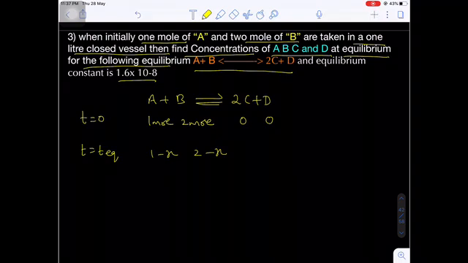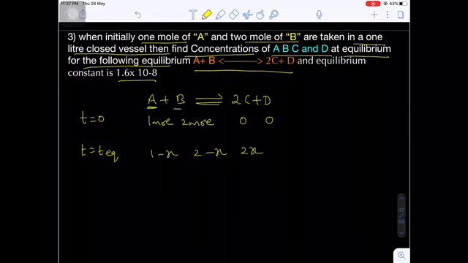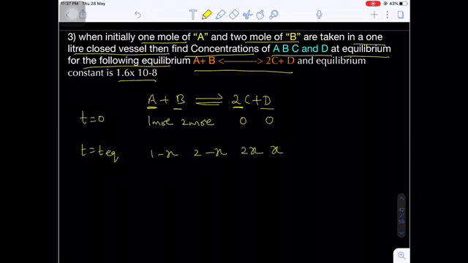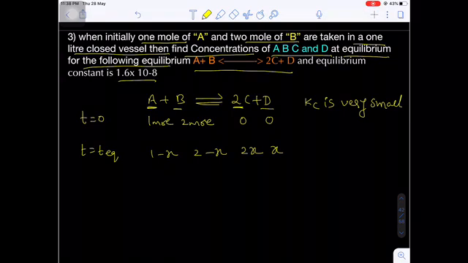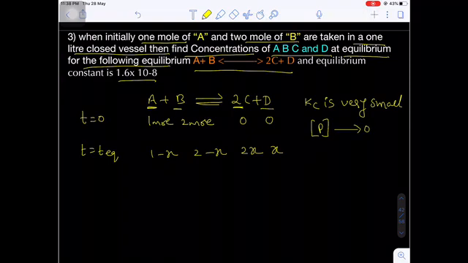So the remaining moles are 1 minus X for A and 2 minus X for B, and the number of moles of C formed is 2X, because of the ratio 1:1:2:1. So 2X moles of C and X moles of D will be formed. Here the concept is that K is very small, which means the concentration of products is almost tending to 0.